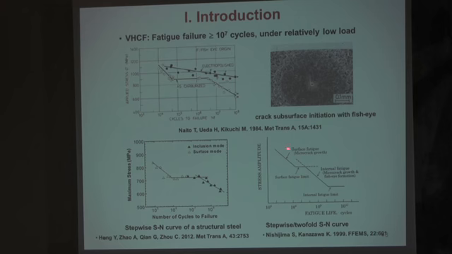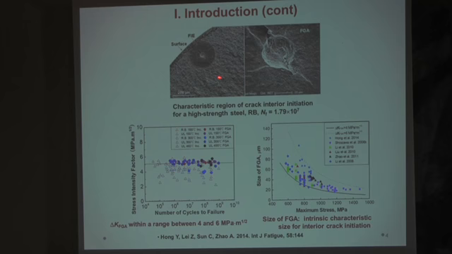The first is due to surface crack initiation, and the second is due to subsurface or interior crack initiation. This is a very typical crack initiation morphology showing subsurface crack initiation, with a feature called a fish eye.